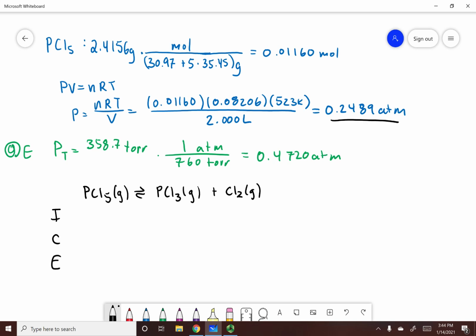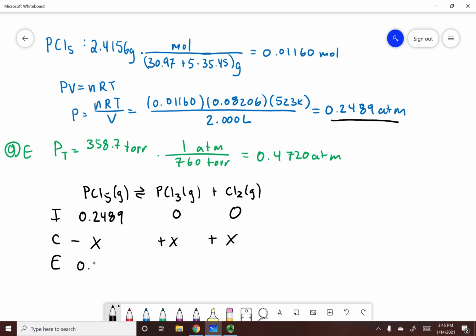We calculated our initial pressure to be 0.2489 atm. We don't have any PCl3 or Cl2 gas, so there are no products here. The change is going to create products, and I'm going to consume reactants. Everything is in a 1-to-1 ratio, so X's across the board.